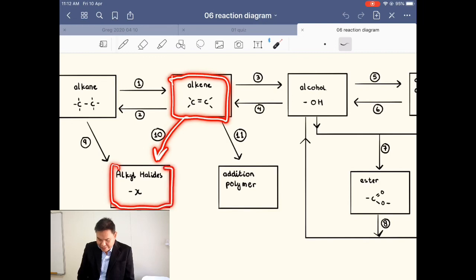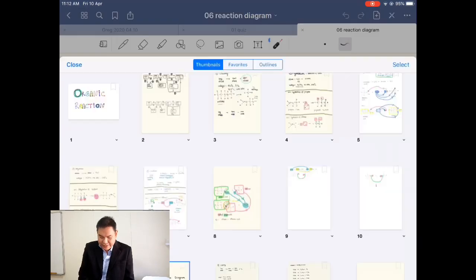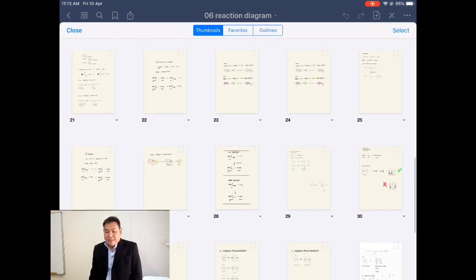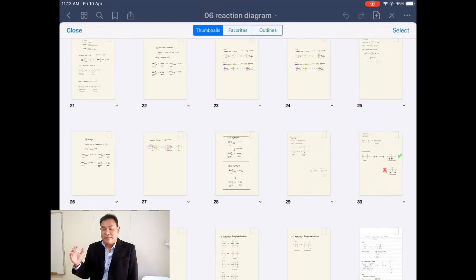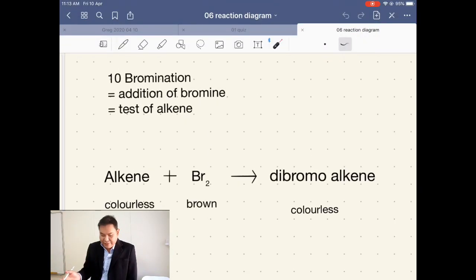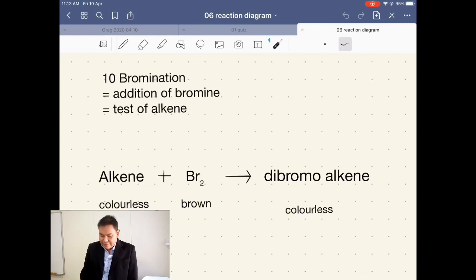The explanation is this one. The name of the reaction is bromination, or you can also call it addition of bromine, or you can call it test of alkene. Then the reaction, very simple, alkene plus bromine, you get dibromoalkane.